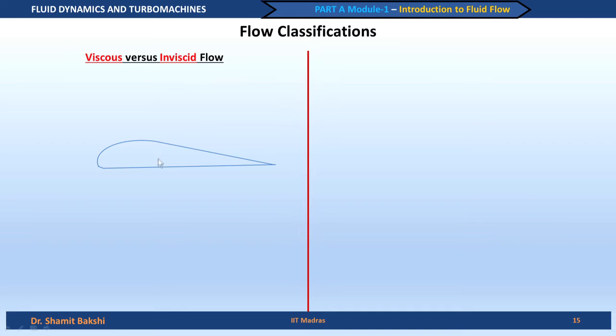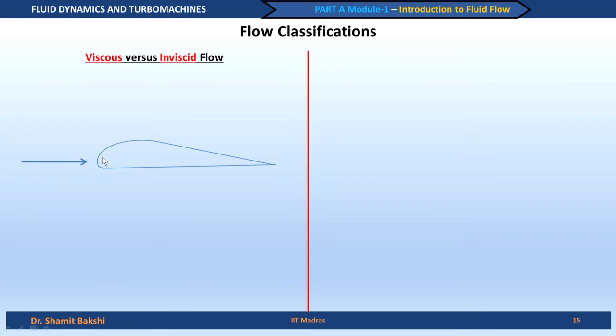To look into that, let us look at this example of an aerofoil. This is a particular flat bottom aerofoil. Now, if you consider a flow past this aerofoil, you can consider this as a hydrofoil also. That means water flowing across this particular object or air flowing across this aerofoil.